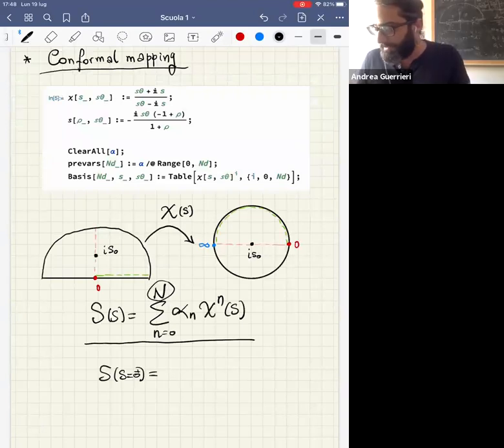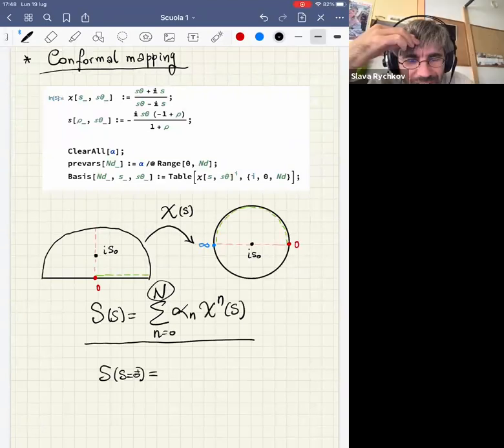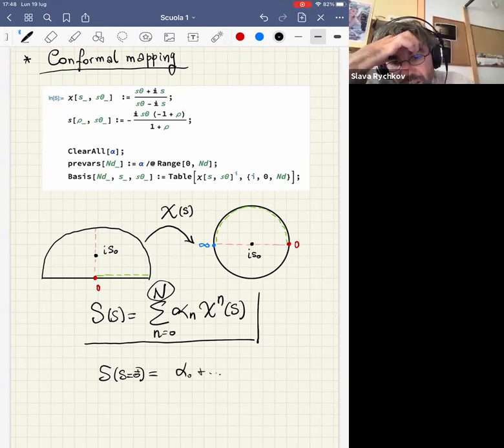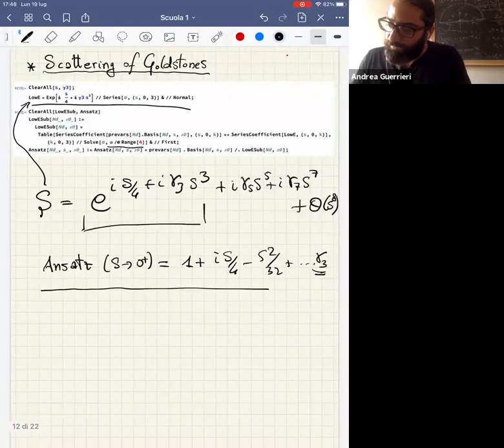Well, I understand the point. I'm just saying that you can expand it in general in this way, but in this way it doesn't have the low energy behavior that you want to impose. It's a generic expansion, like alpha_0 plus dot dot dot. Then here, I'm saying that we want to solve for some of the alphas such that when you expand, our ansatz has this fixed behavior.